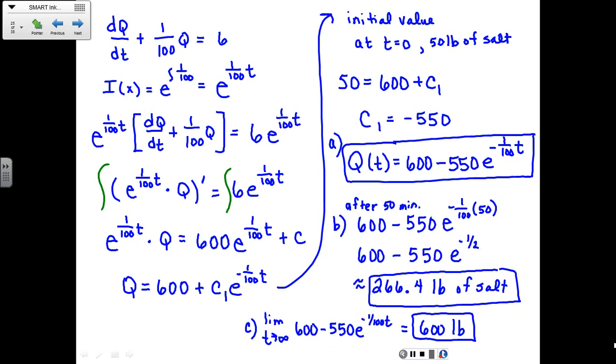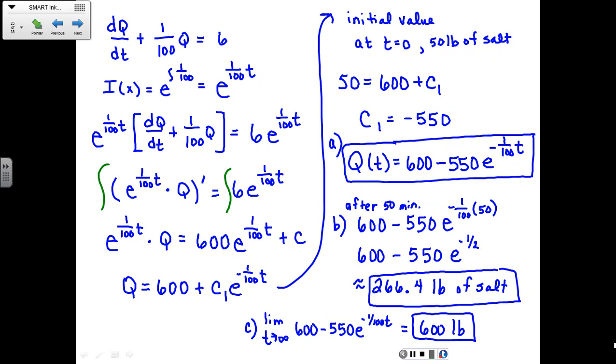That was one of our rules we learned in Cal 2. If you have e to the negative infinity, a number over infinity is going to be 0. There we go.